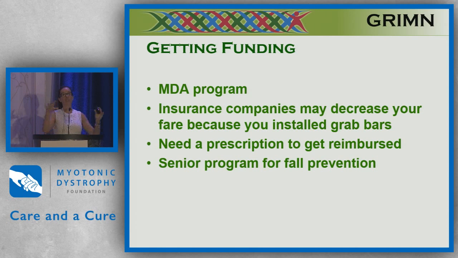And for the seniors in the room, there are a lot of senior programs. It's not because you have myotonic dystrophy that you're prevented from getting into those programs. Like the senior fall prevention programs, they're excellent and they will help you. So please look around to see if there is any senior program in your community and use them.